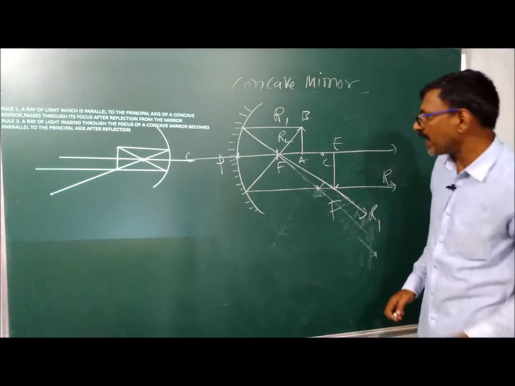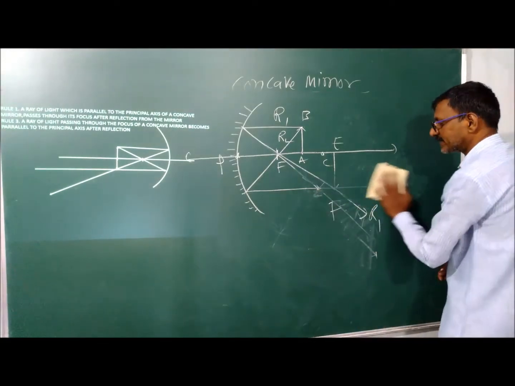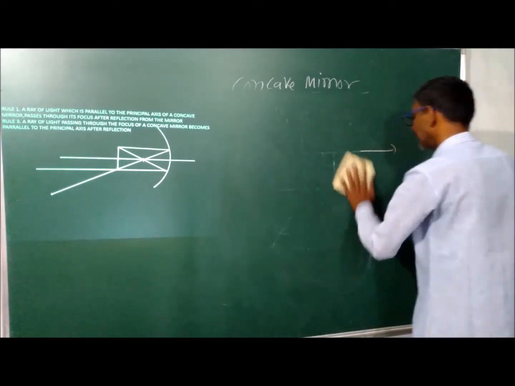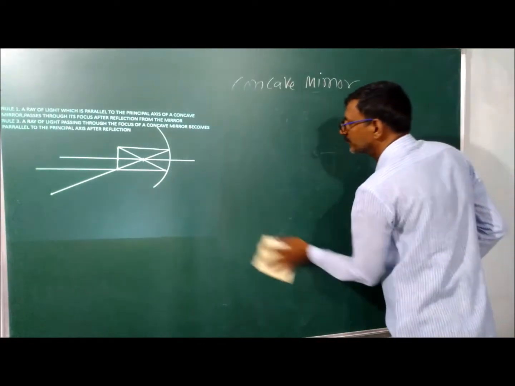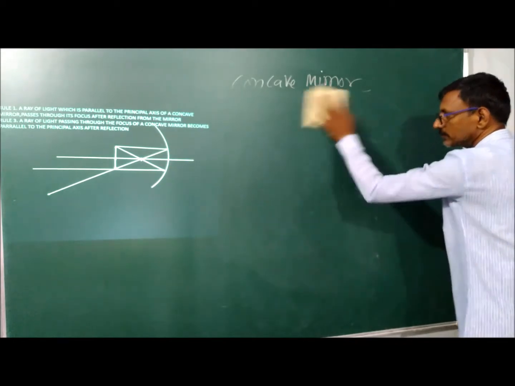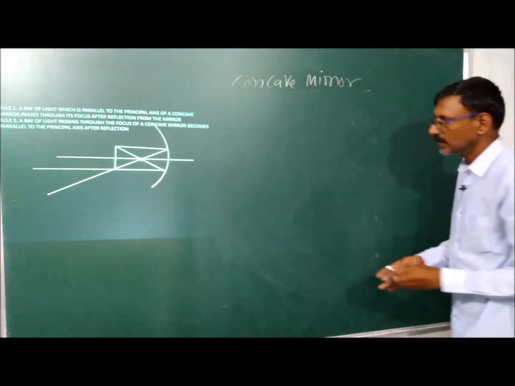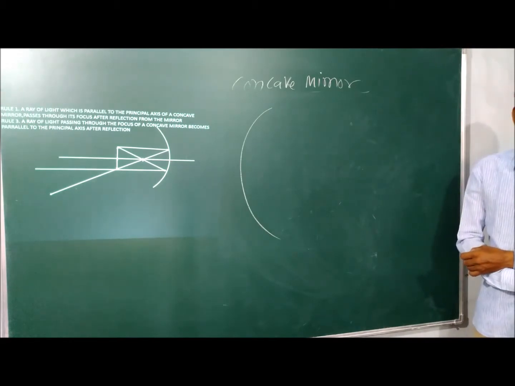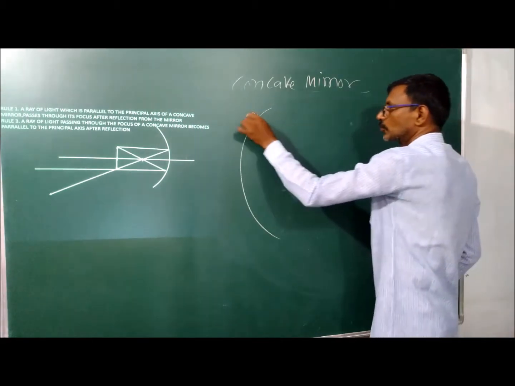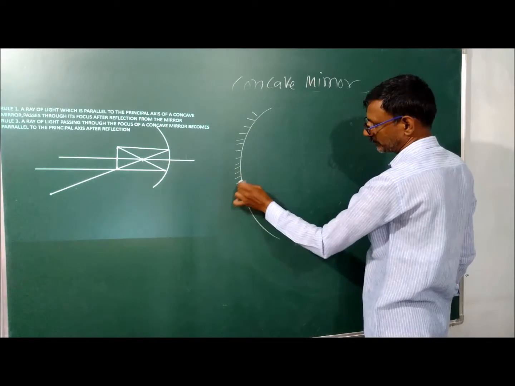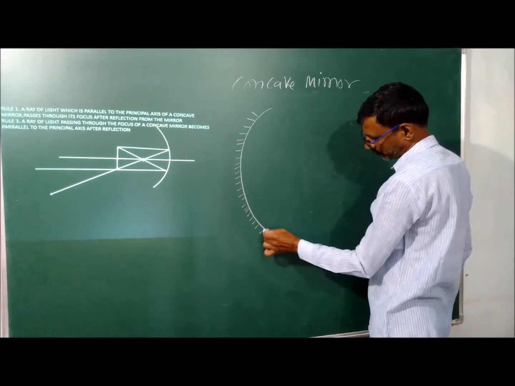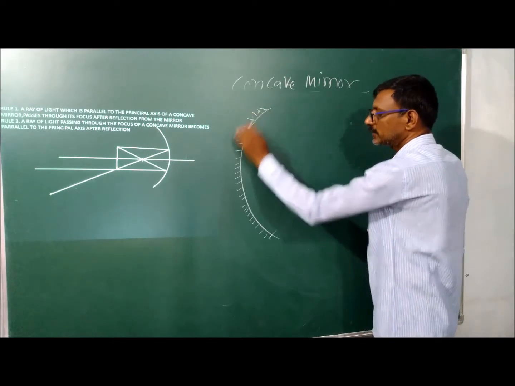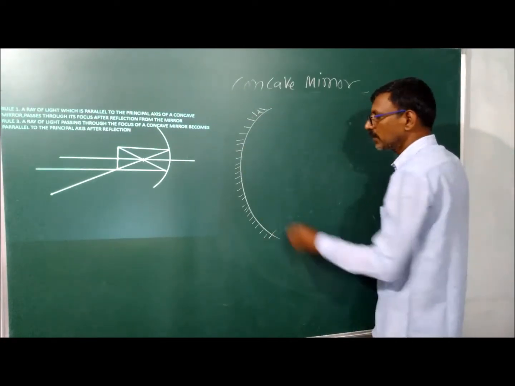If I place the object at C, it's too difficult to draw with my hands. Even so, I'll try this time. This is my concave mirror, so we can shade this. Outward is shaded. This is my silver coating.